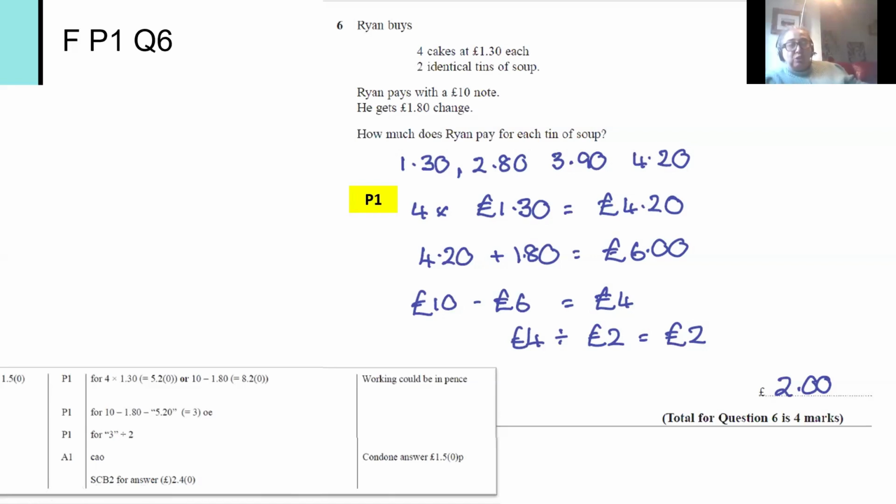And these are real students' responses, albeit I've rewritten them so that we've hidden the student's identity. They get the first process mark for 4 lots of 130, albeit leading to an incorrect answer. But if you see the second mark, it allows us the quote marks around the 520, because they have used the correct process, albeit given a wrong answer.